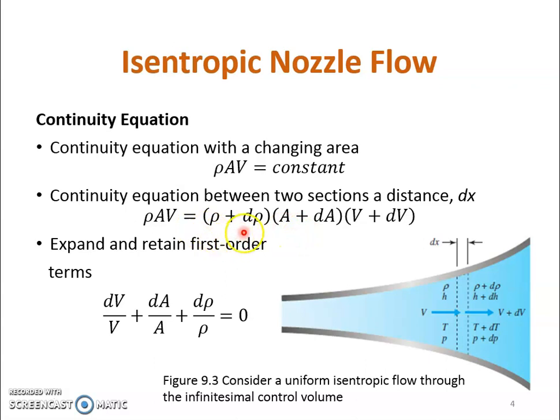You can expand this equation and neglect the higher order terms, retaining just the first order terms, so we can rewrite the continuity equation in this expression for the flow in this dark channel.